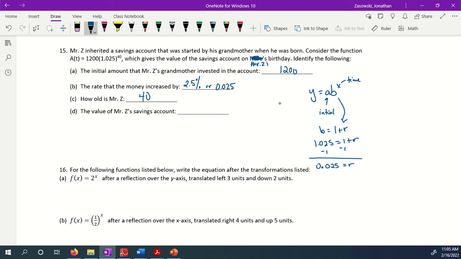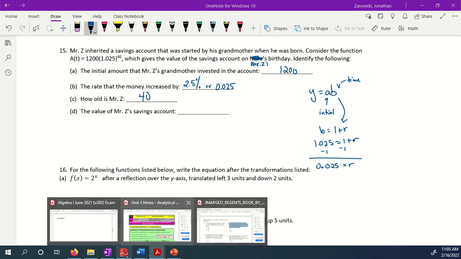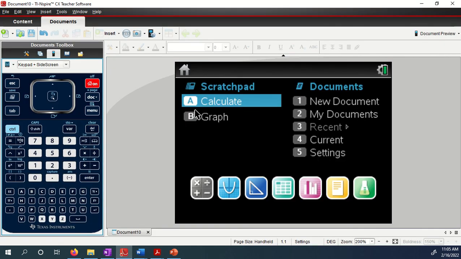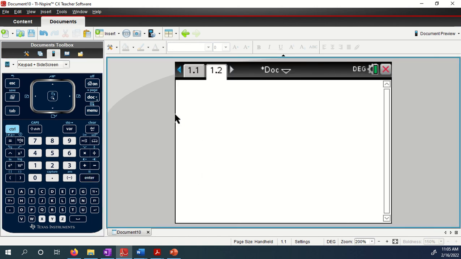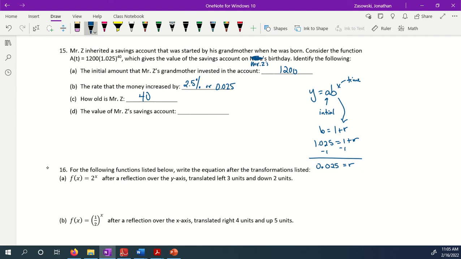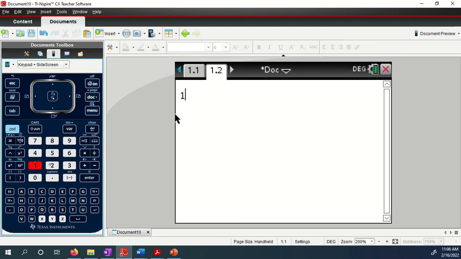Okay, and the value, we're just going to type this into our calculator and get our answer here. So if you have a graphing page open, you can just hit home, and then you can actually press the calculator button down here at the bottom. All right, and it will open up a calculator page for you. You don't have to necessarily open a new document every time. And we're going to do 1200 times 1.025 raised to the 40.